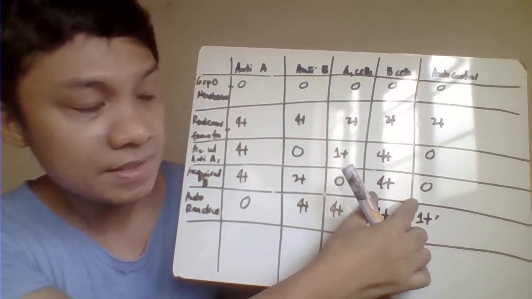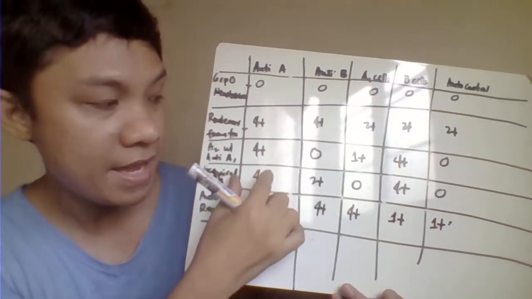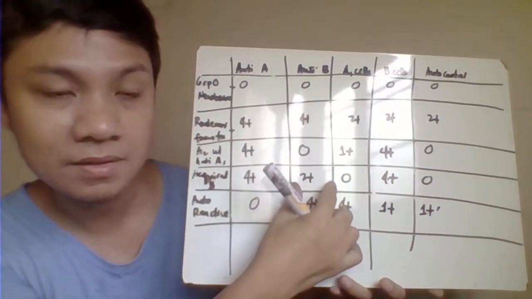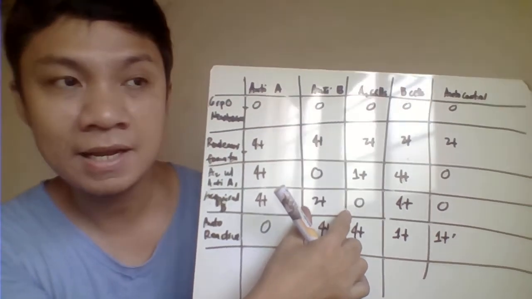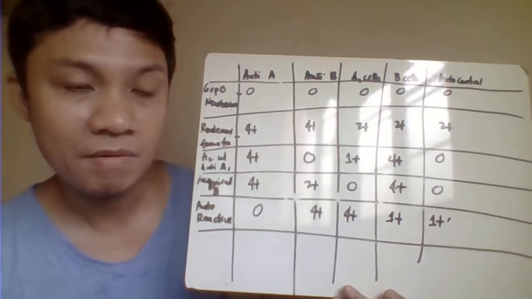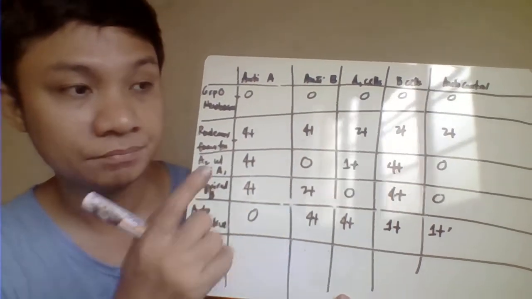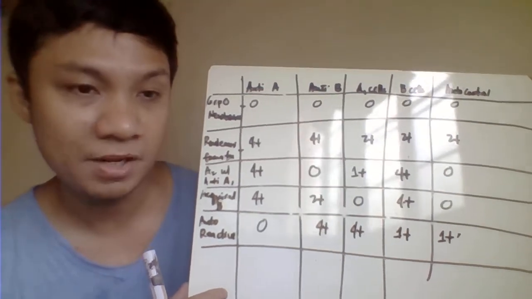Okay, and B cells is signifying na may anti-B antibody siya. So, that's your type A na may anti-B antibody. Only that, nagkaroon ng discrepancy dito, that's your acquired B phenomenon. So, gagamit ka ng monoclonal PS4 clone na that will give a positive result only for your acquired B. Pag nag-negative siya, so, hindi siya acquired B.